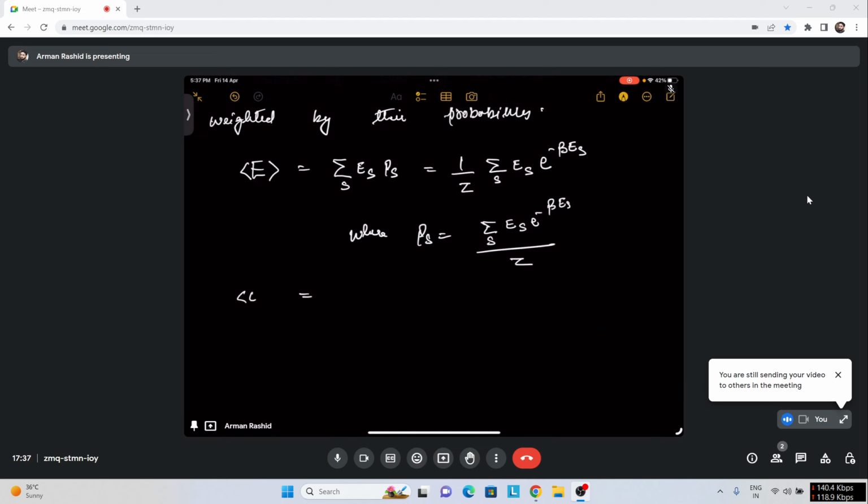So let us go further. The expectation value of the energy will be equivalent to minus 1 by Z dZ by d beta, where Z is a function of beta, E1, E2, etc. That is given by minus d ln Z by d beta.